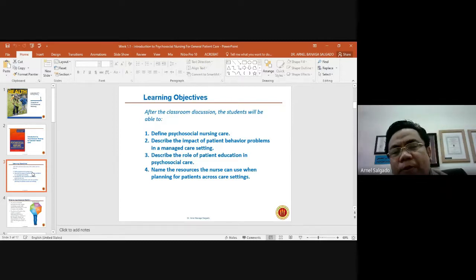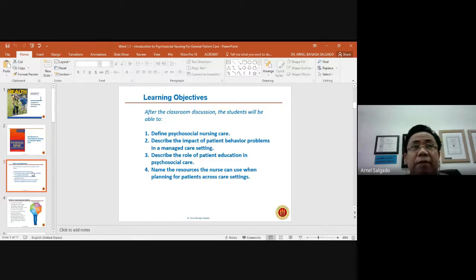Of course, the number four learning outcome will be name the resources the nurse can use when planning for patients across care setting. We should know what are some of the resources that we have in the world. The most important resource I would like to emphasize to you are not material things. In psychosocial care, the most important resource that we would be using will be ourselves.